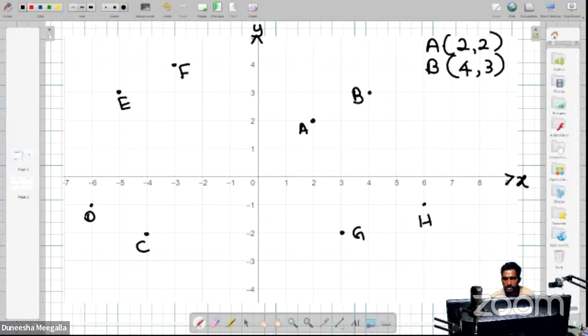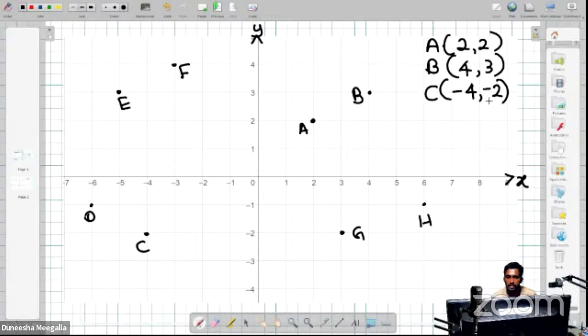Are you finished? Yes, sir. Okay. Now we have to get C. What is the point C? The coordinate is here. Point C is (-4,-2).